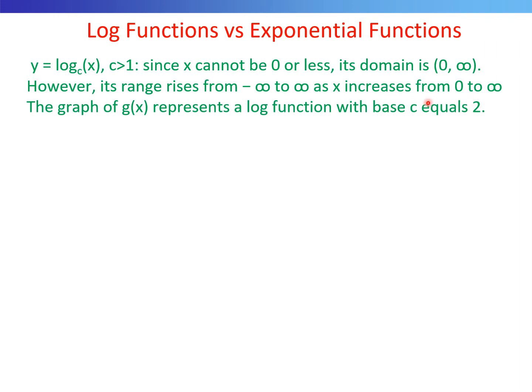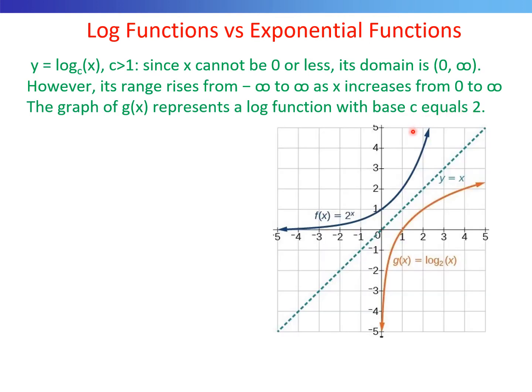So let's take a look at the graph. The graph of g of x represents a log function with base c equal to 2. Let's watch as we slide down along the path of the graph. We're going down.